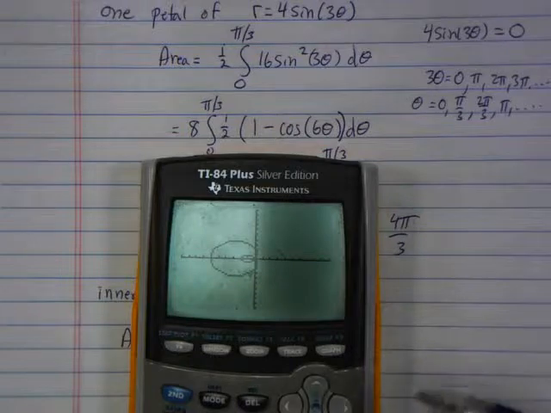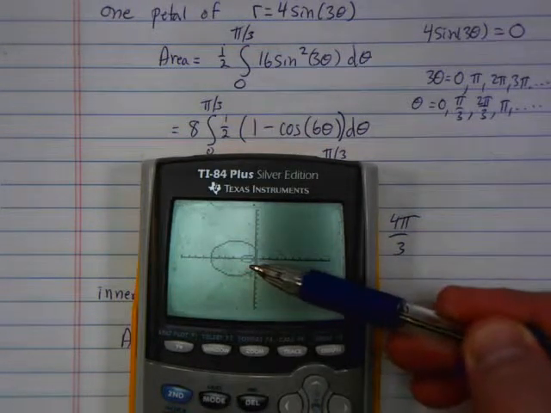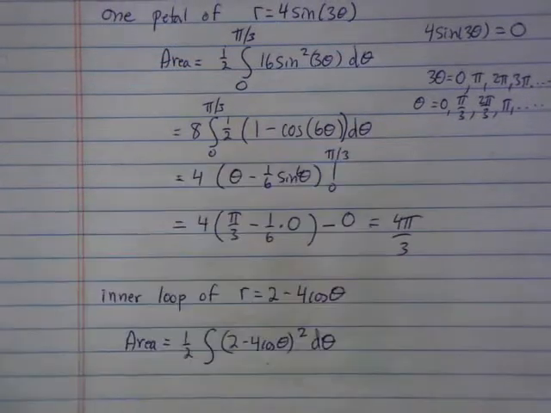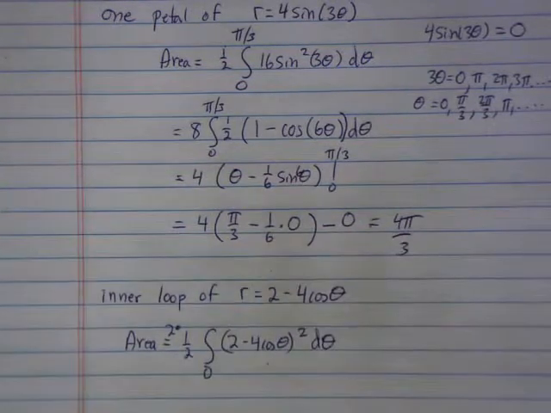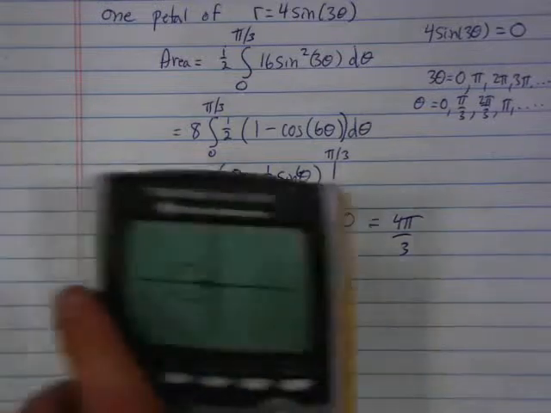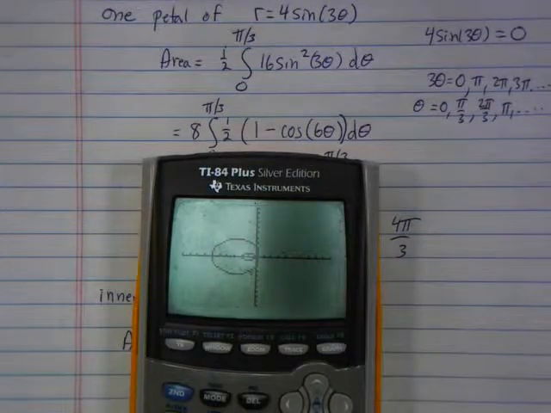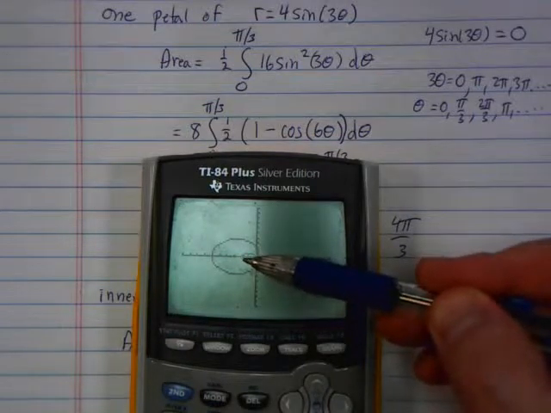So it looks to me as though we could integrate from 0 to something and get the bottom half of that inner loop and then just double the whole answer. So I'm going to start at 0 and I'm going to double my whole answer. Big question is, where do I stop? Well, again, where did that inner loop stop drawing?